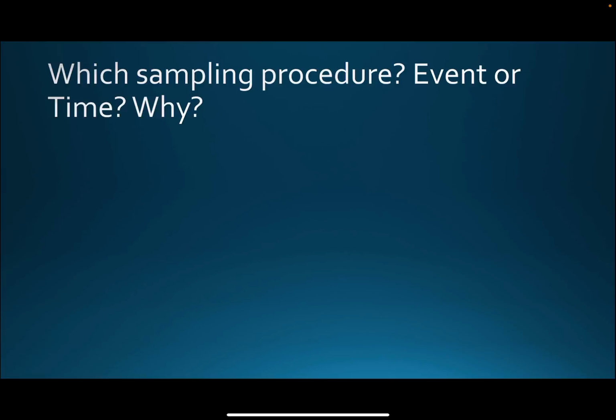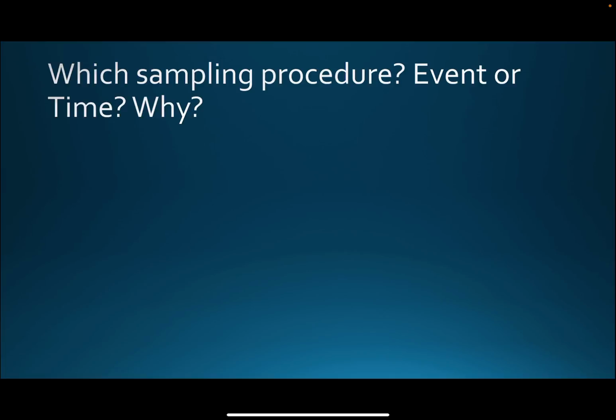Okay, so why might we do one or the other? Why would we do time sampling or event sampling in our observation? It depends on what we're looking for and how much of the behaviour we expect there to be. If we're watching something where the behaviour is going to occur lots and lots, we probably won't be able to use event sampling because we won't be able to tick every event off because there'll be too much to see and too much to record.